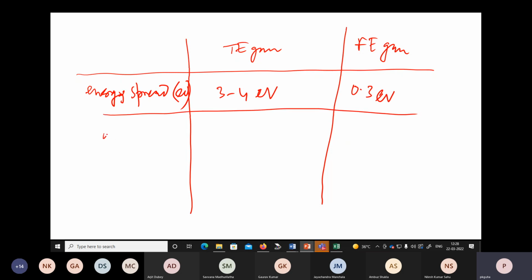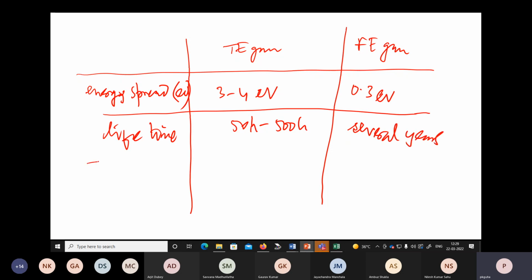Lifetime may be a few tens of hours to a few hundred hours, say 50 hours to 500 hours, whereas this one has a very good lifetime, several years. I mentioned already that the field emitted gun has a much higher lifetime compared to that of the thermionic emitted gun.